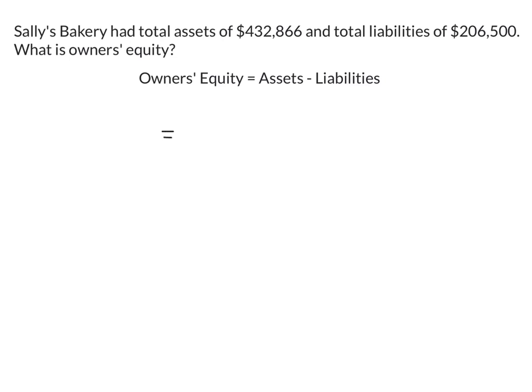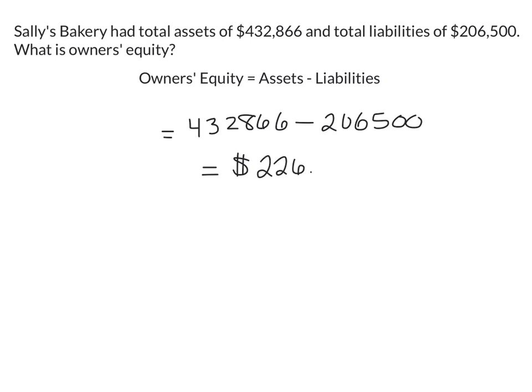The problem tells us that total assets is $432,866, and then we'll subtract the total liabilities, which is $206,500. When we subtract those two values, we get a net worth or owner's equity of $226,366.